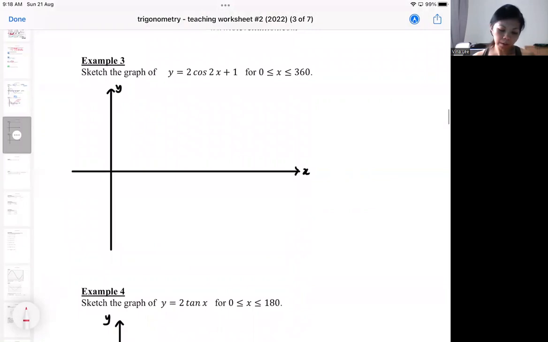So in the next one, we got shifting. And from here, I can tell the amplitude is 2 because A is 2. And then B is 2. So the period will be 360 divided by 2.